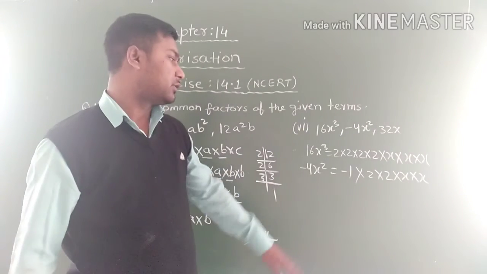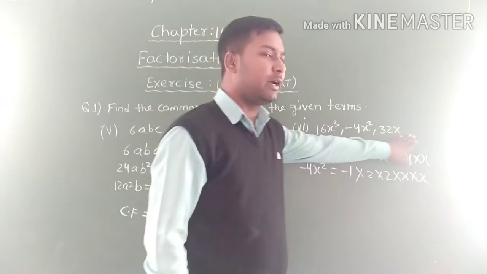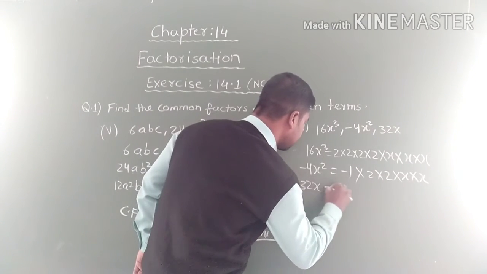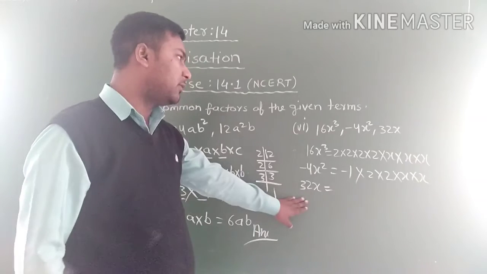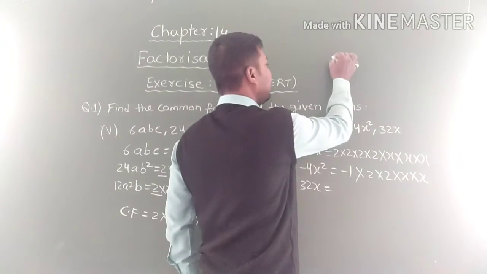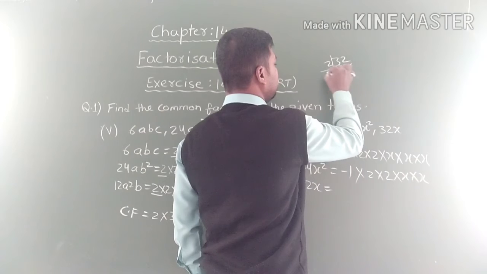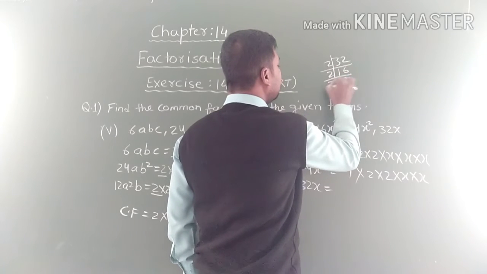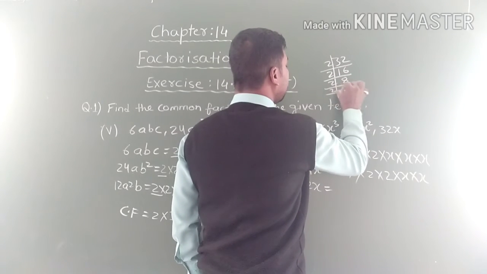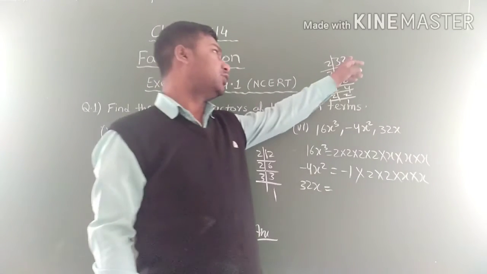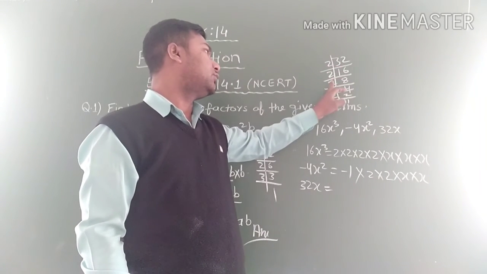And what is left? 32x is also left here. So write here 32x. The factor of 32 we can find here: 2 into 2 into 2 into 2 into 2.